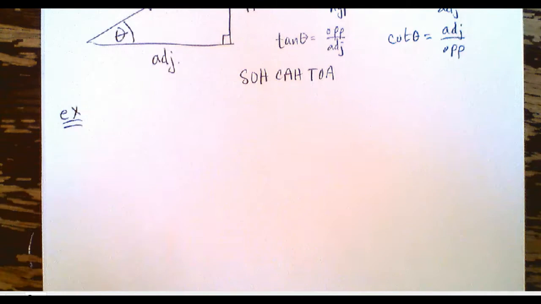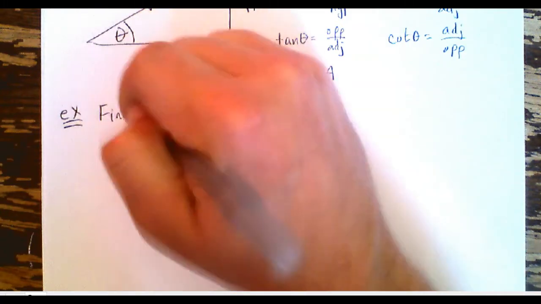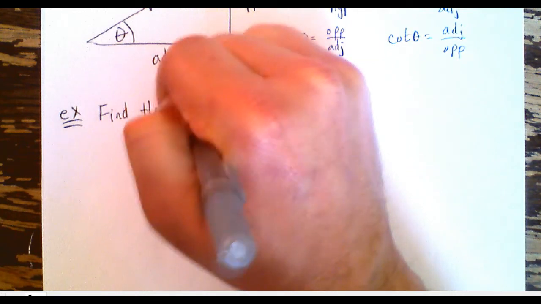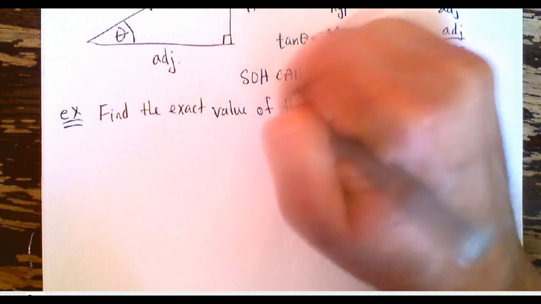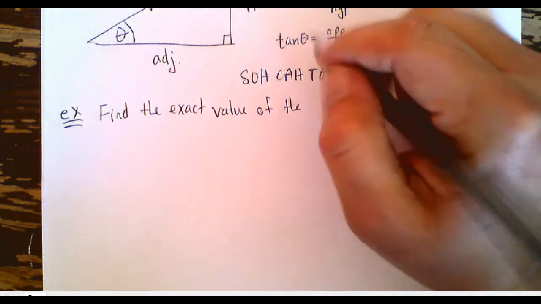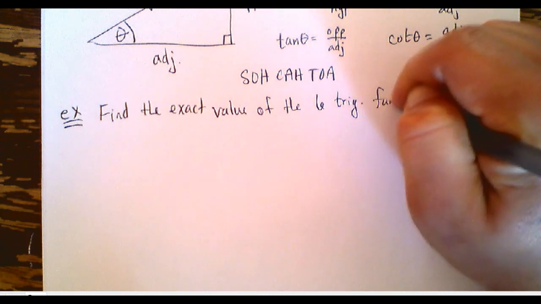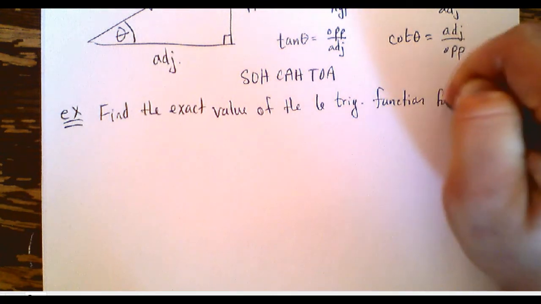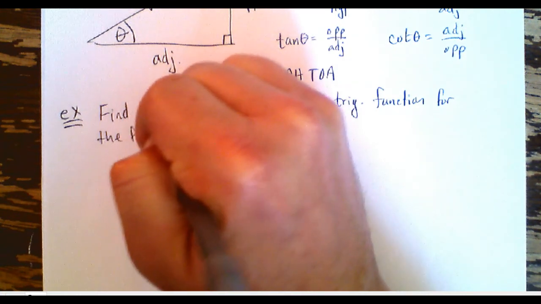So let's do an example. We want to find the exact value of the six trigonometric functions for the following right triangle.